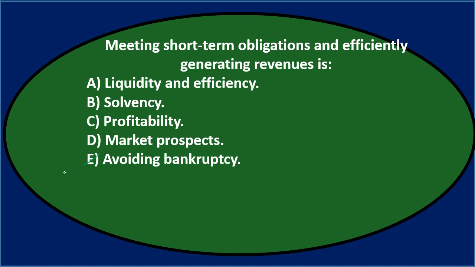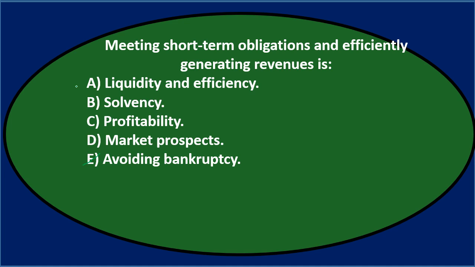So it's going to be one of A through D. And for this, we basically have to know what these items mean. So meeting short-term obligations, that's going to be liquidity and efficiency ratios.